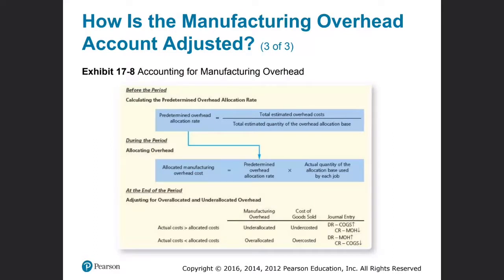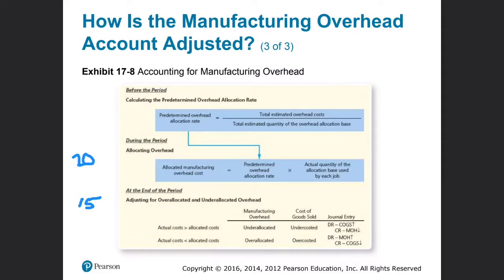So during the period, we thought we were going to have 20,000, I'll just say $20, less zeros to write. So during the period, we allocated $20. At the end of the period, we realized it was only 15. So what did we do? Did we over allocate or did we under allocate?